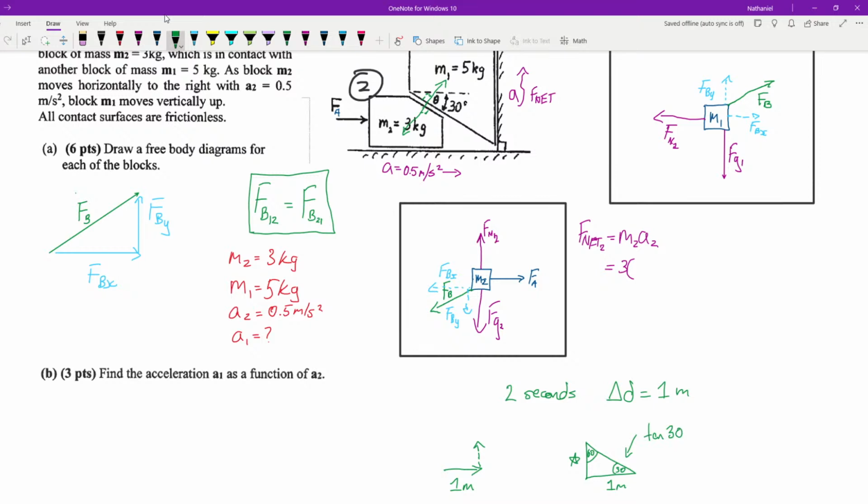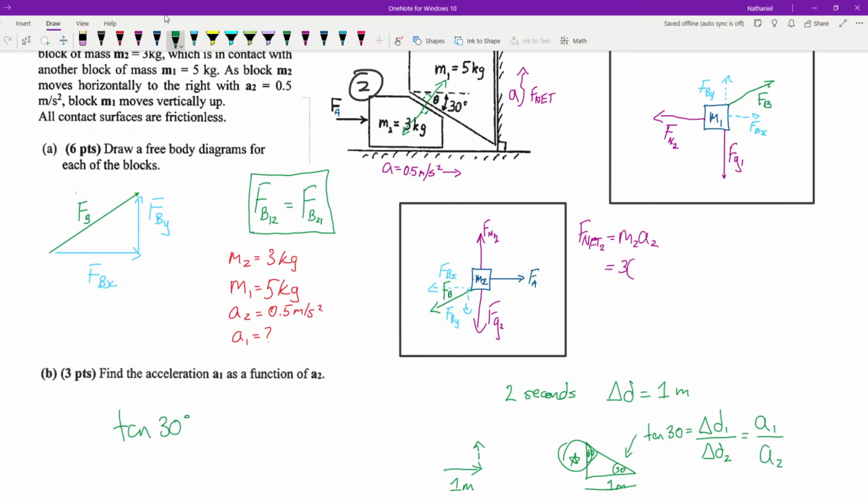we can do the tan of 30 is delta D2, nope, sorry, delta D1 over delta D2, opposite over adjacent, and so that should also be the proportionality here. So that might even be our answer there.